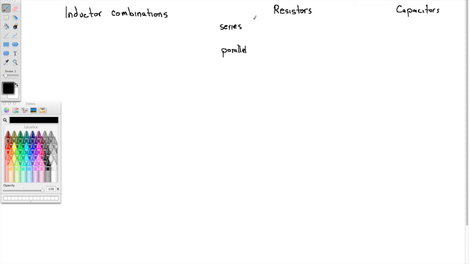Right, so for series combinations of resistors, we saw that the equivalent resistance was R1 plus R2 plus all the way to Rn. That is, the resistors simply add together. For parallel capacitors, we saw that as well. CEQ was C1 plus C2 plus all the way to Cn. Parallel capacitors add.